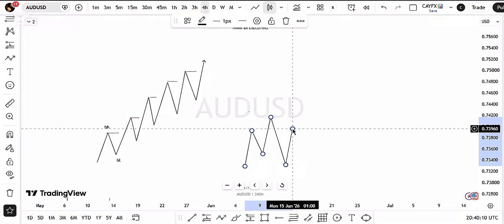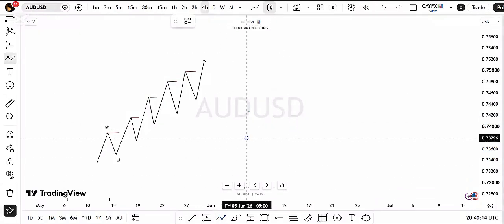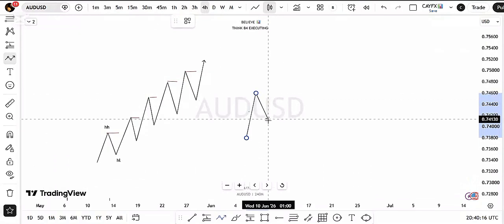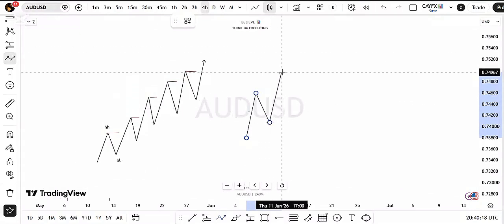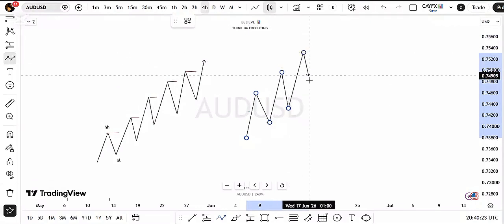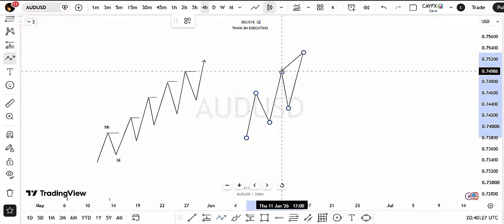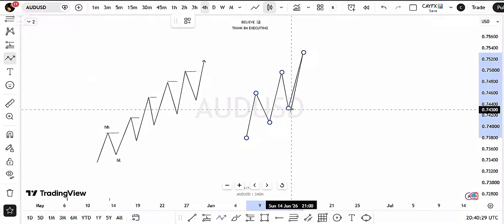So the rule of an uptrend market is that the market will keep giving us a series of higher high, higher low, higher high, higher low, not breaking the higher low. This is the previous higher high, and this is the previous higher low.